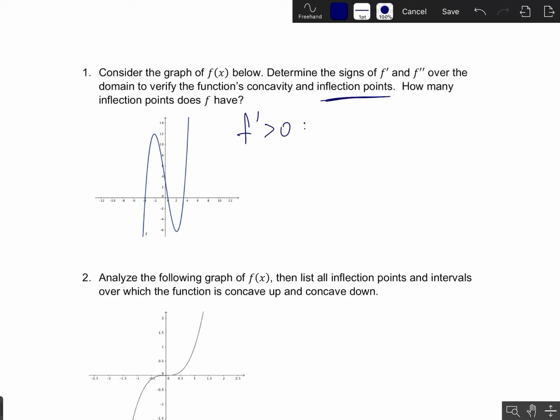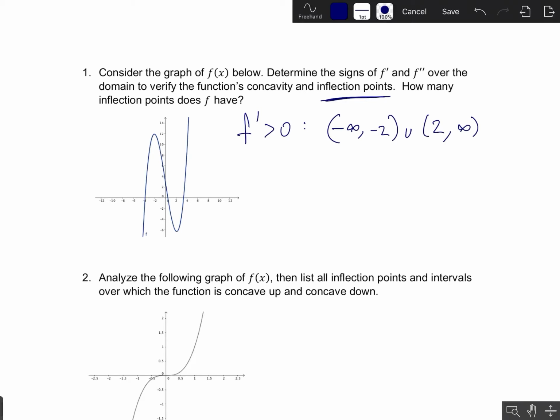And it looks to me like that happens between negative infinity up to negative 2. Because in this region, you have positive slopes. And then similarly, we start having positive slopes again over here on this side. So that would be from 2 to positive infinity.